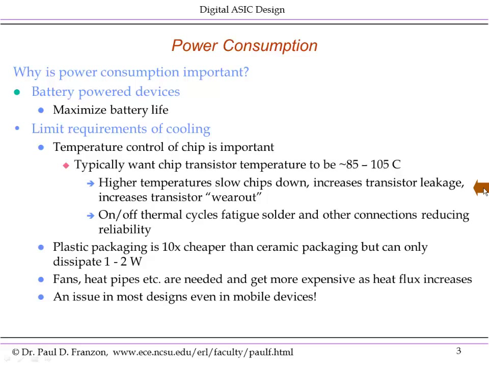But increasingly today we are worried about them. What they really are are failures in the oxide in the MOSFET, and they increase with time, and they increase faster at a higher temperature. In addition, transistor leakage, that is the DC power consumed in the circuit, we'll come back to this in a moment, gets worse with temperature.